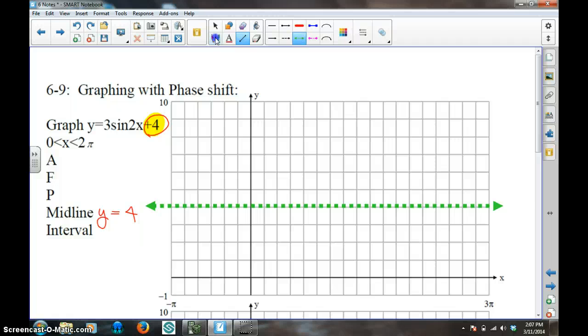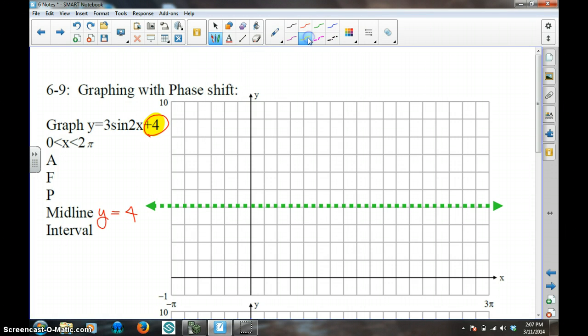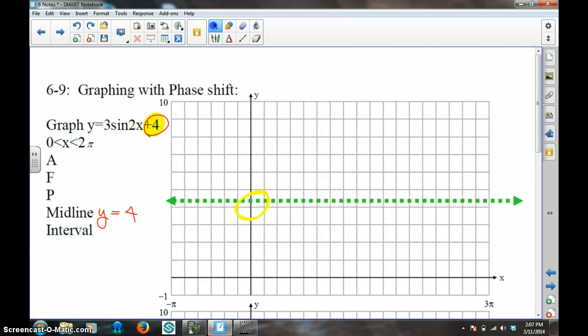So as far as I'm concerned, from this moment on for this graph, that's my origin. Is it really? Nope. But when I'm talking 0 high, 0 low, this will be the 0 that I'm talking about, this axis right here.